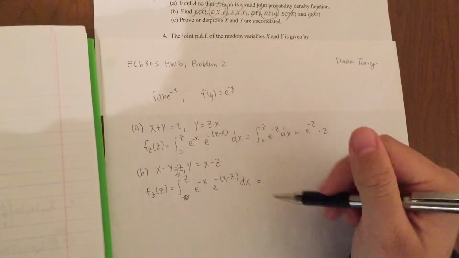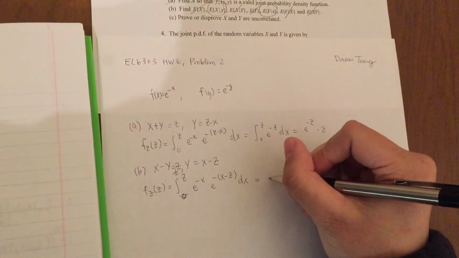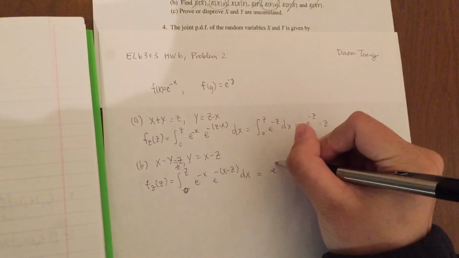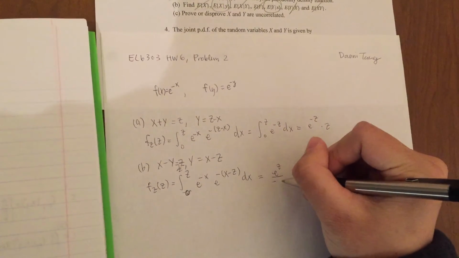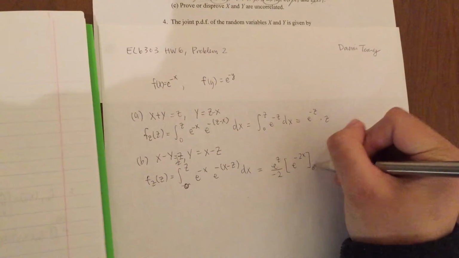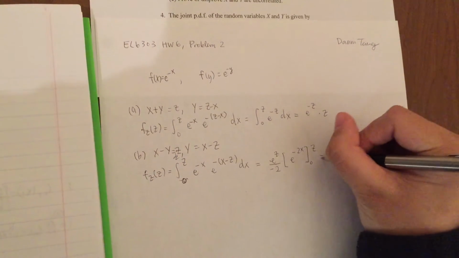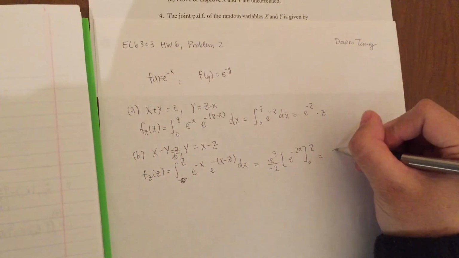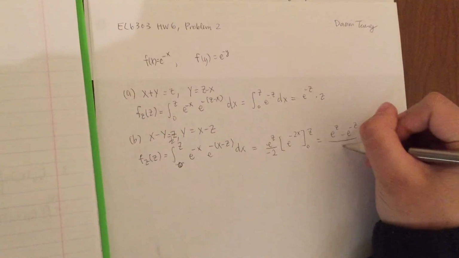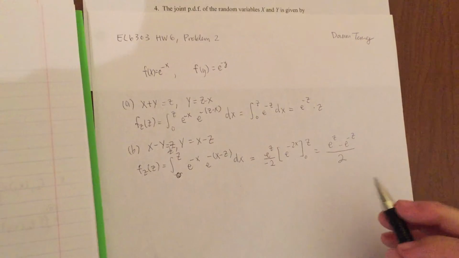And then when you do this integral, you're going to get e to the z over negative 2 times e to negative 2x, 0 to z. And then when you simplify this, you find that it's z e to the z minus e to negative z over 2. And that's for part B.